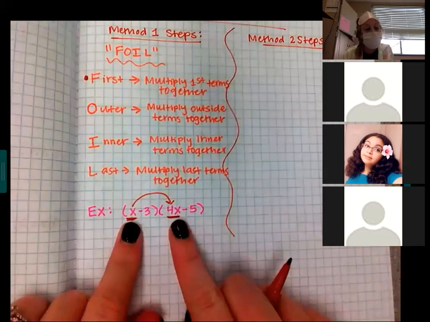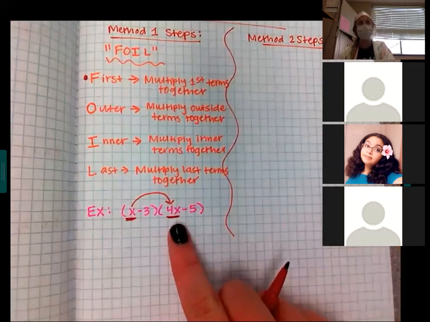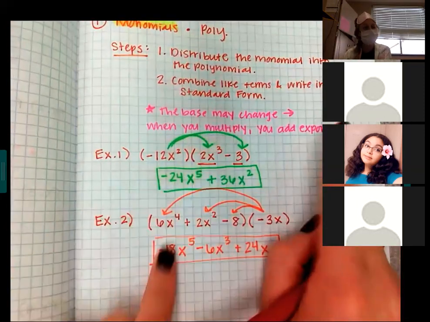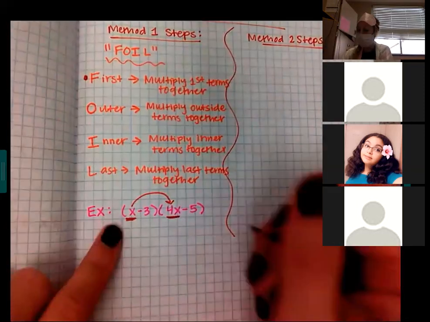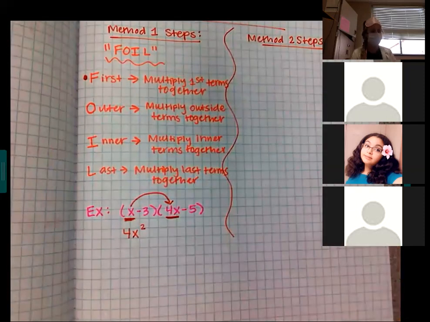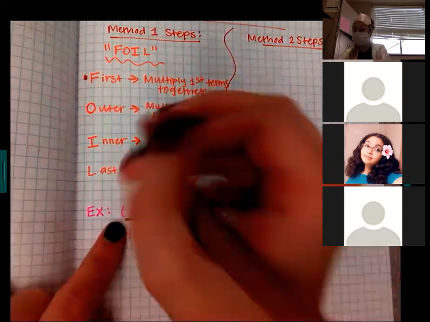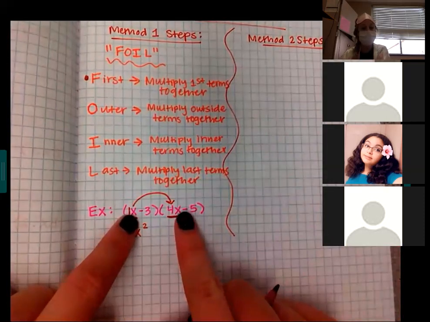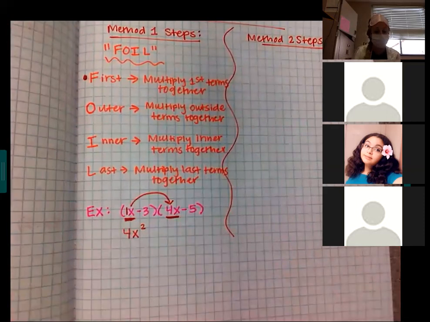Good. Remember, when you are multiplying, you add the exponents. So it is 4x squared. There is an understood 1 out front. 1 times 4 is 4. And now I have one x here and another x here, so that is x squared.